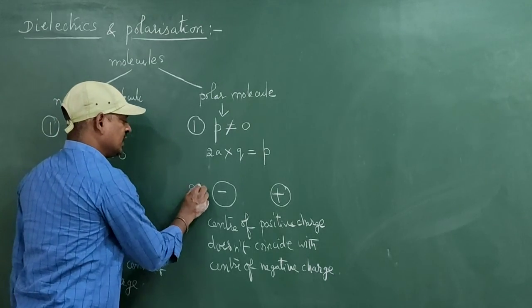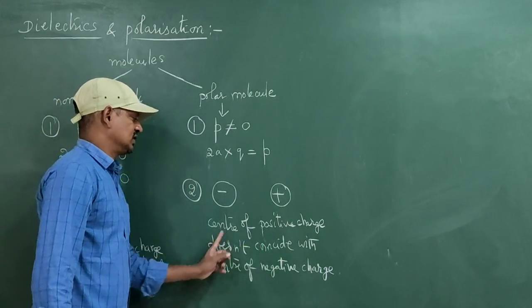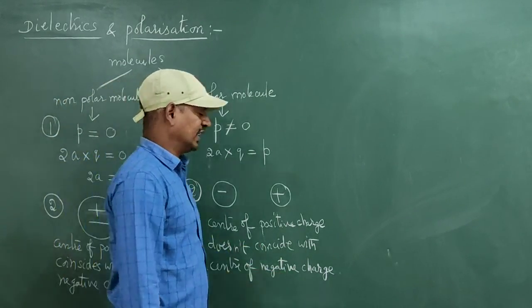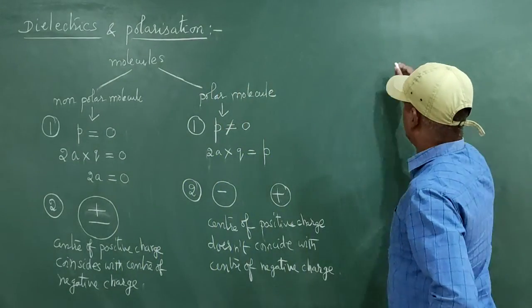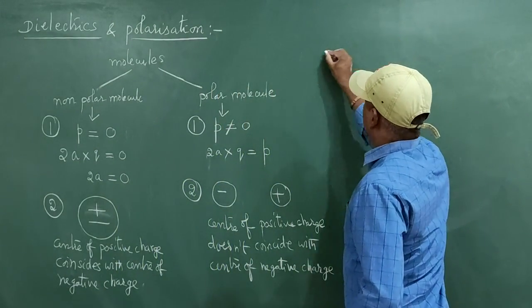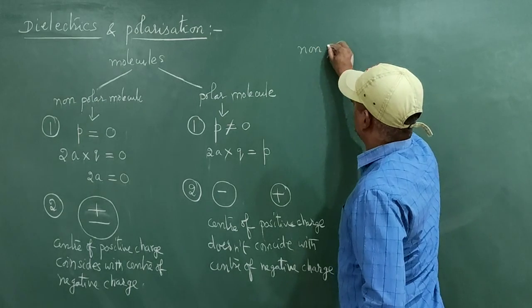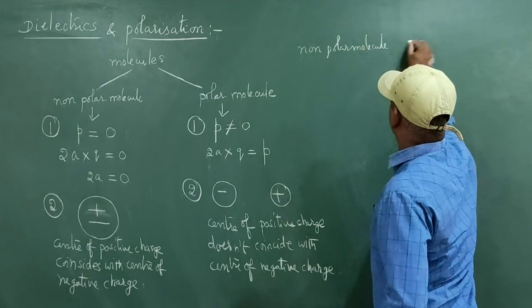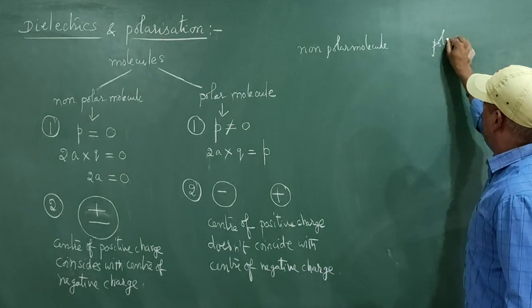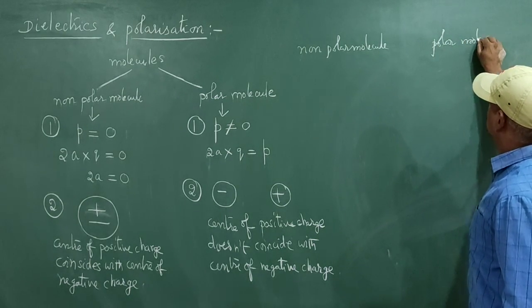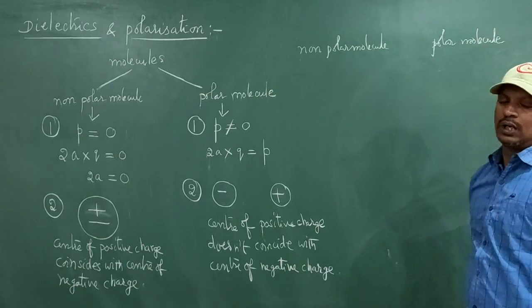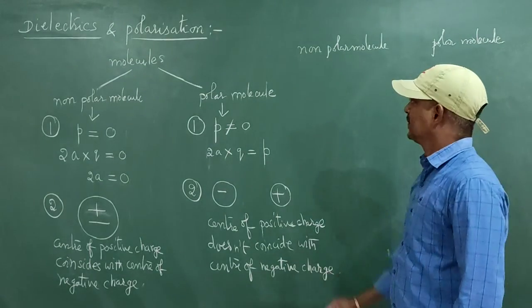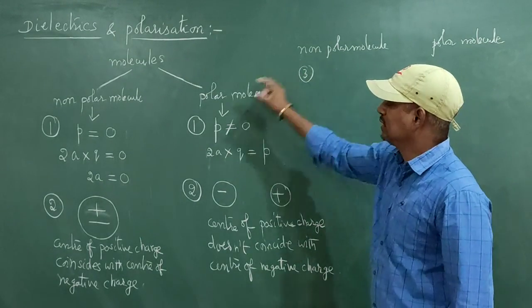And another way, the center of positive charge does not coincide with the center of negative charge. Right? Now, here I am talking about a non-polar molecule, and here a polar molecule.